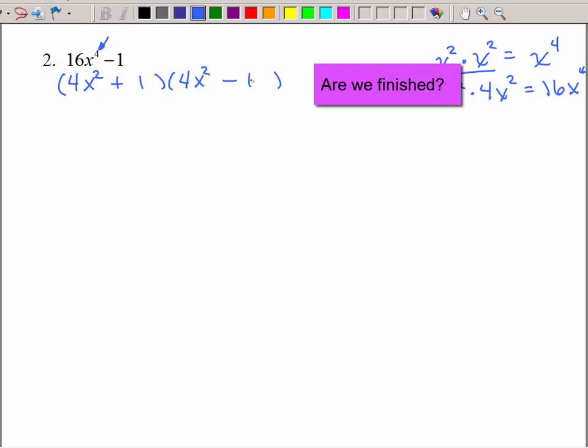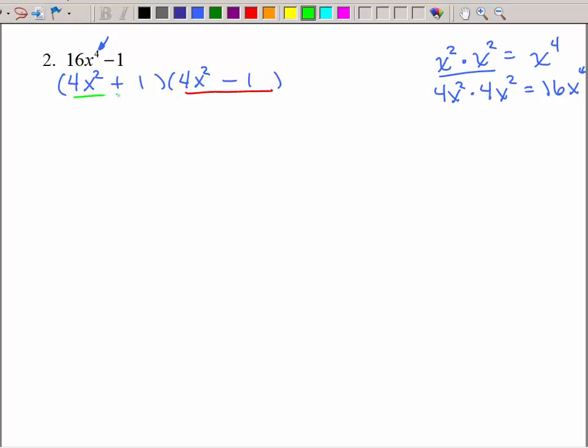Are we done? No, because this is also the difference of two squares. This is not because of the plus sign. So on the next line, you would want to bring down the 4x squared plus 1. We want to keep that as part of our answer, but this we need to factor further.